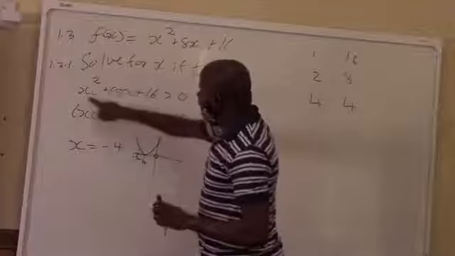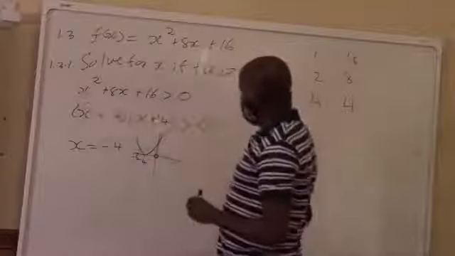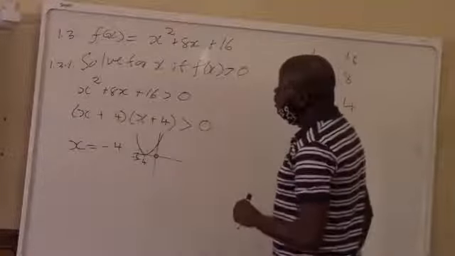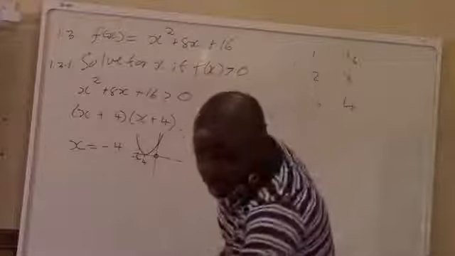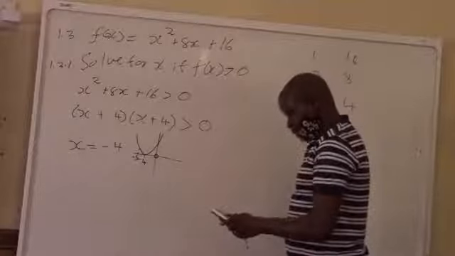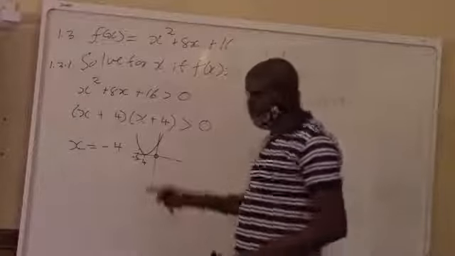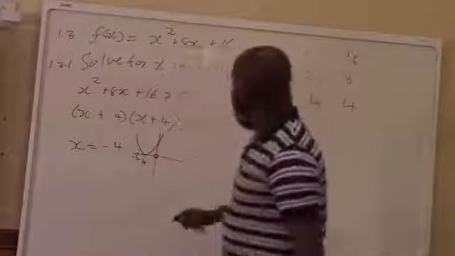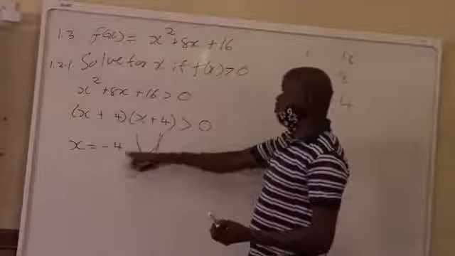Then 25 plus 16 is going to be 41. So it means that the answer there is going to be positive, which is correct here.